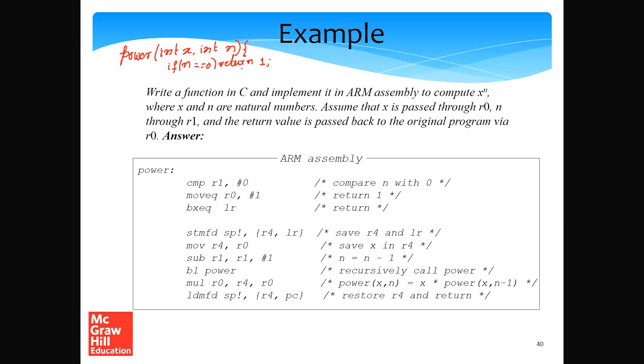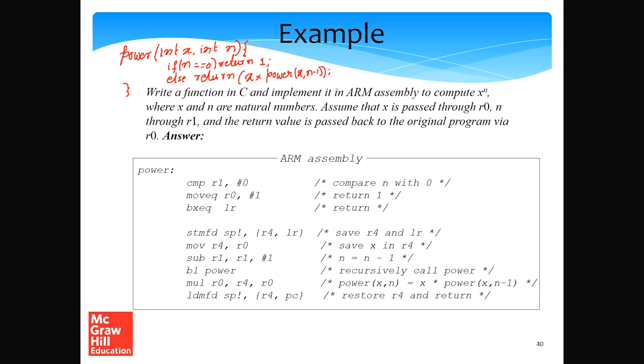Else we return x times power(x, n minus 1). So this is just a simple function in C that we have. It's a simple one-line function, so I'm not spending further time to explain it.